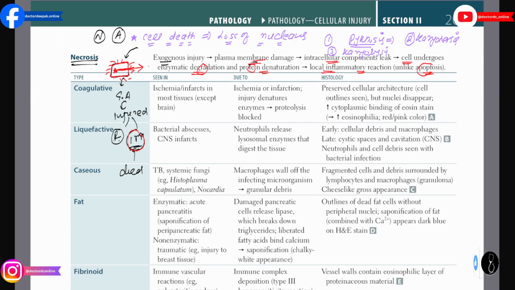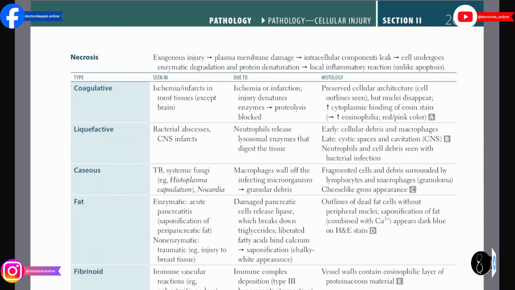So here I want to give you one important table of differences which you can remember, especially as a difference between apoptosis and necrosis. They can also ask you in the exam, what is the important difference between necrosis and apoptosis. So here I am going to mention some important differences.